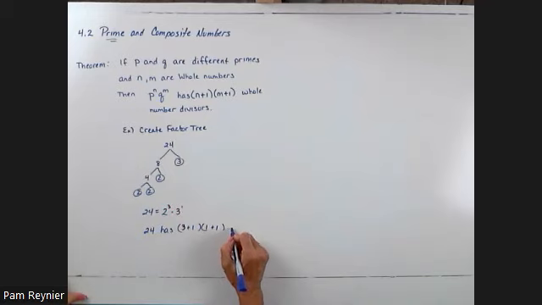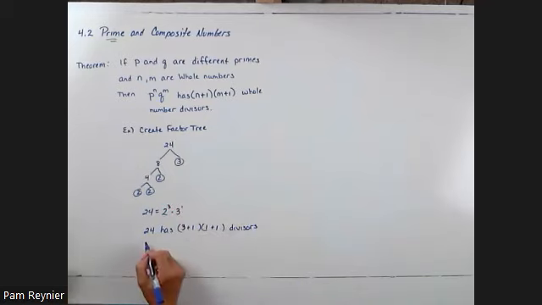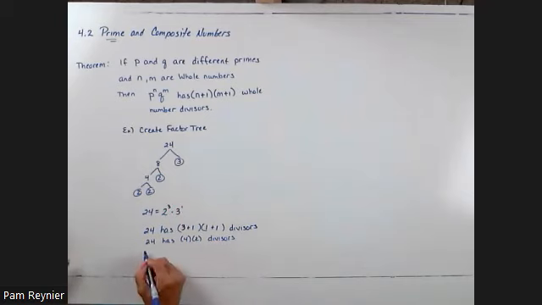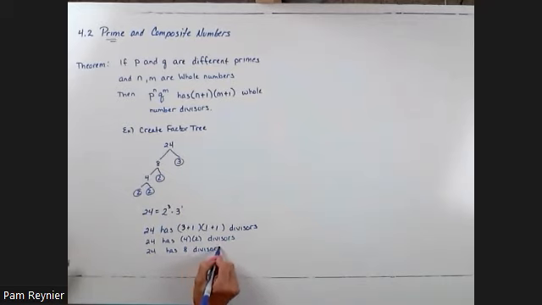Whole number divisors. So 24 has 4 times 2 divisors. So 24 has 8 numbers that will divide into it.